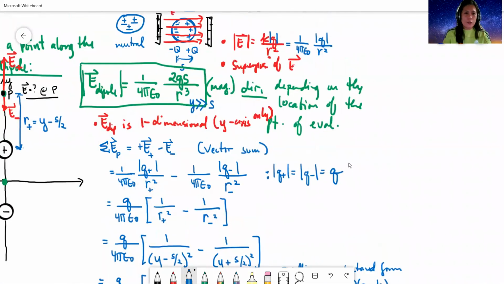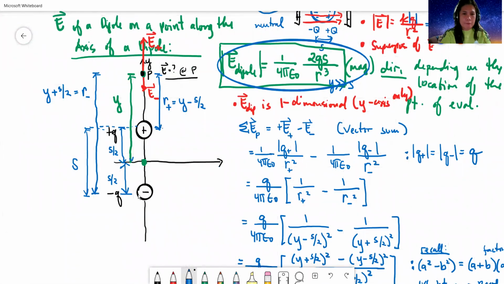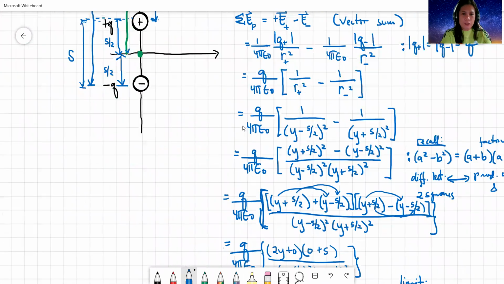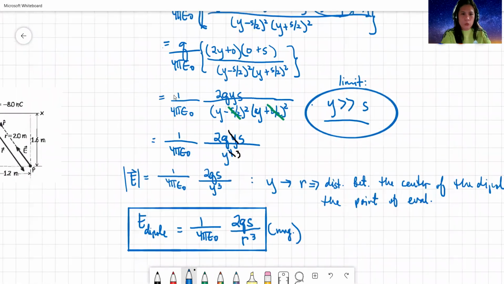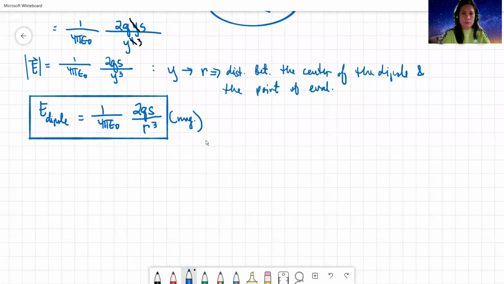So we have here the dipole magnitude for the on-axis value, where y is much greater than s. For this particular example, if y is very much larger than s, let's draw this again to have a picture of r.